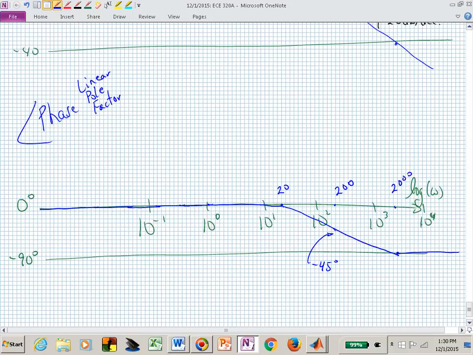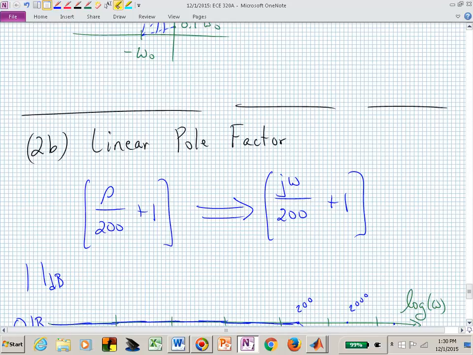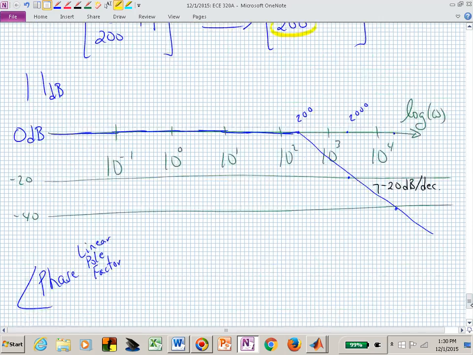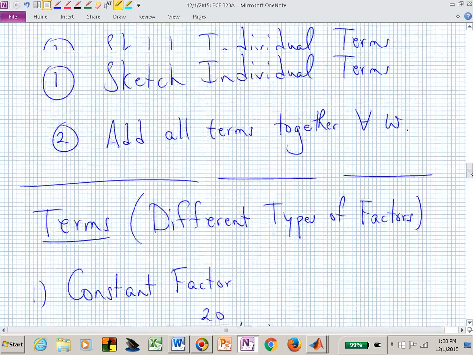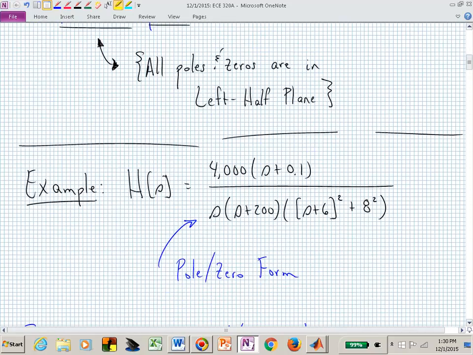And we know that 200 is the break frequency. Yes, so the break frequency is right here. That's why we factored out that if we begin with where we started, which was right here, we know that's our break frequency.